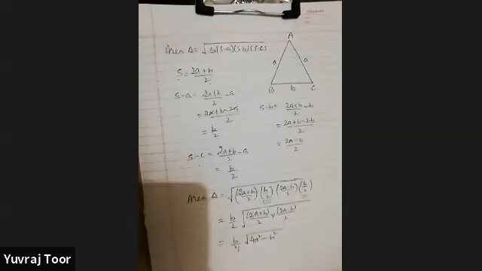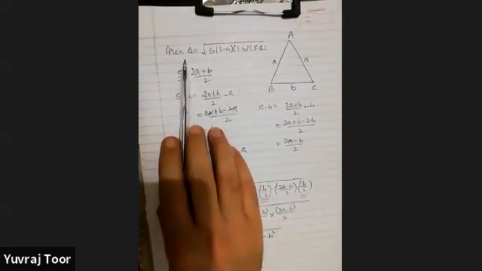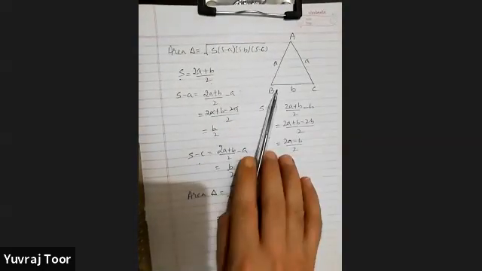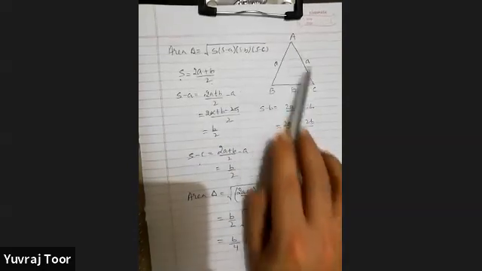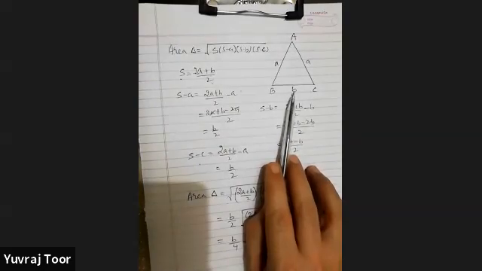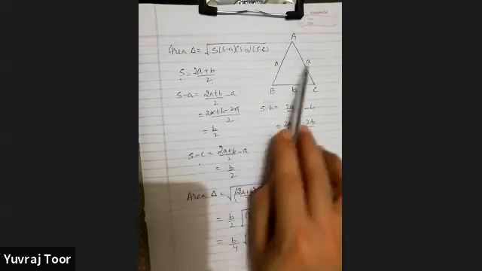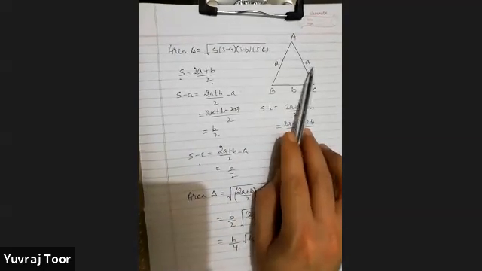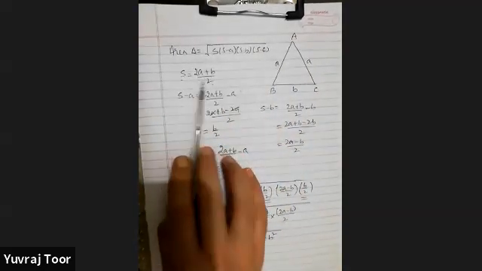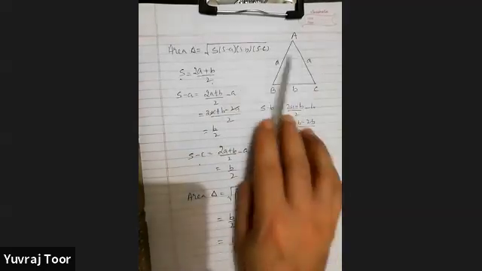Now what we are doing here is calculating the formula for an isosceles triangle. We have taken AB and AC as equal lengths and BC unequal, and we have marked it B. They are equal, so I have marked them A. According to the formula, I have calculated S, the semi perimeter.